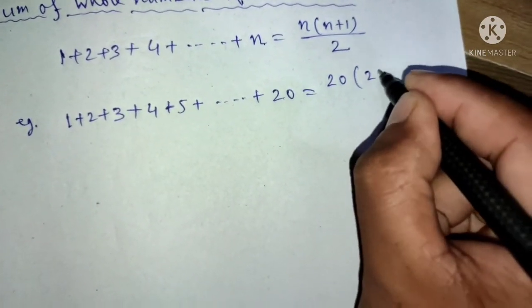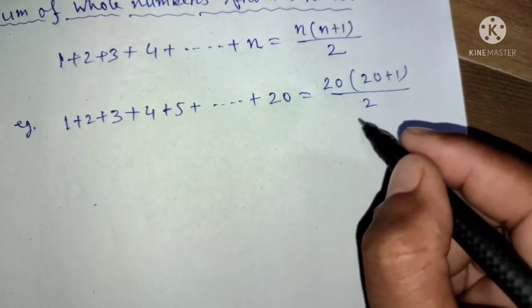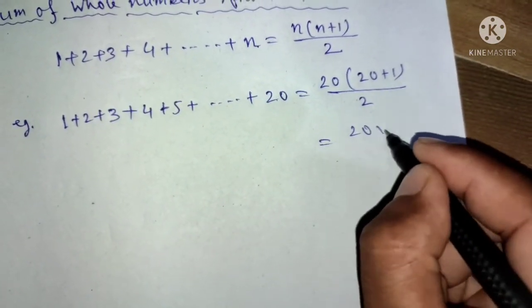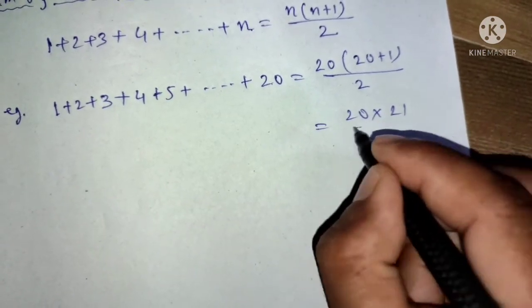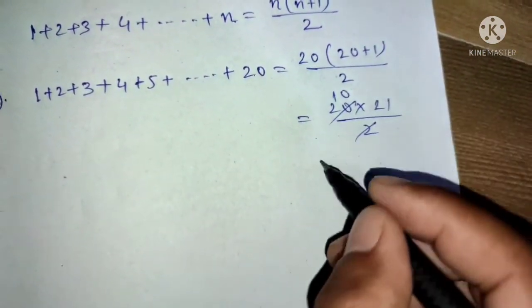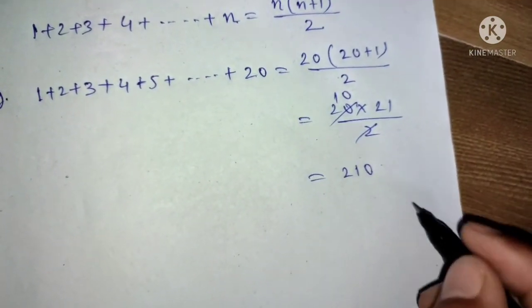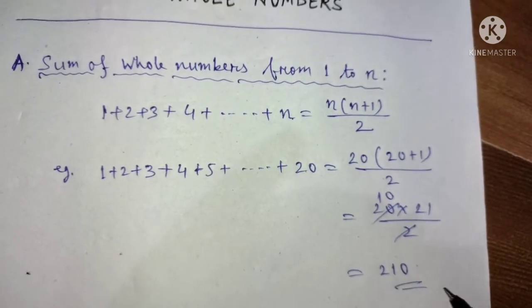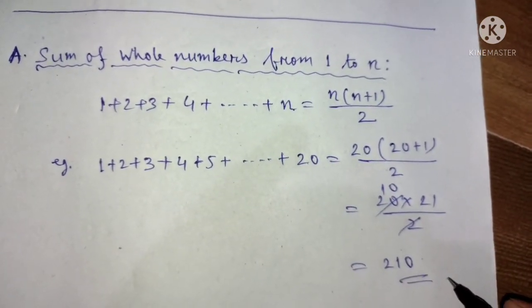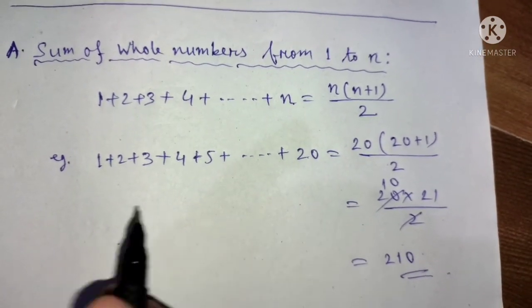Inside the bracket, 20 plus 1, divided by 2. So 20 into 21 by 2, if we cancel, we get 10. So 10 21s are 210. So this is the answer for this case.